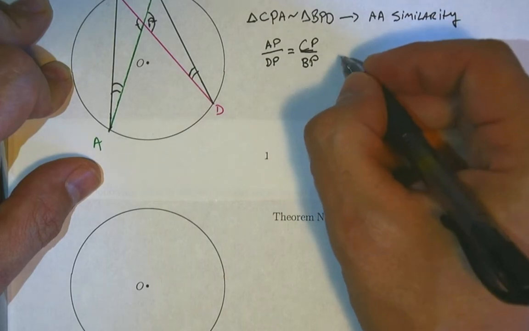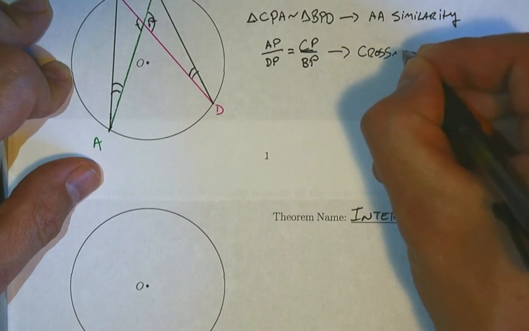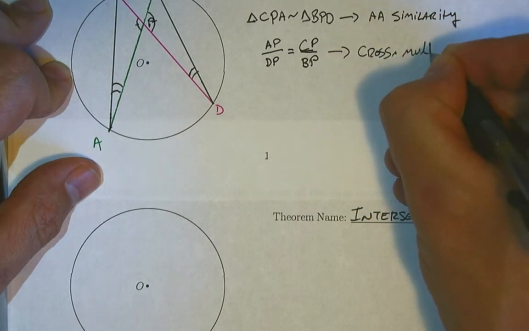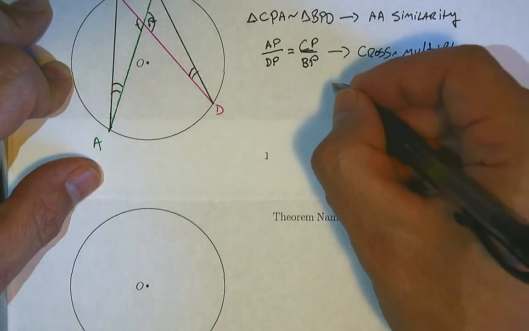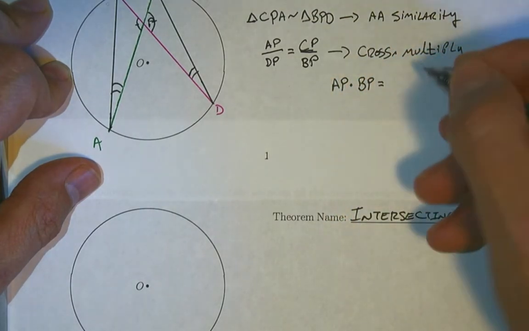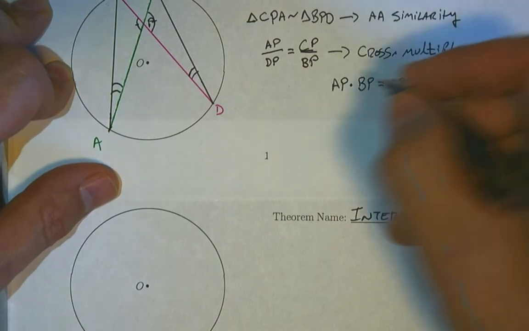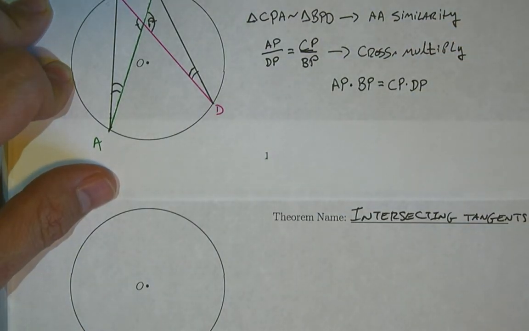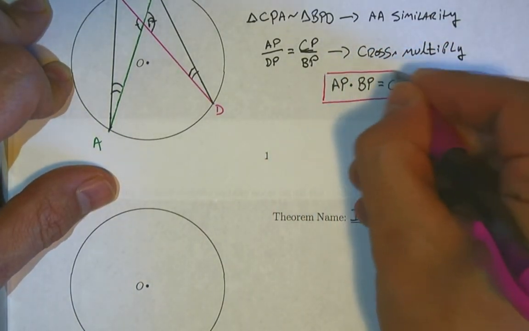And then we can cross multiply. When we cross multiply, what we're going to get is AP times BP equals CP times DP, which is exactly what we wanted to prove. We proved this for two intersecting chords, in this case, two secants that intersect inside the circle.